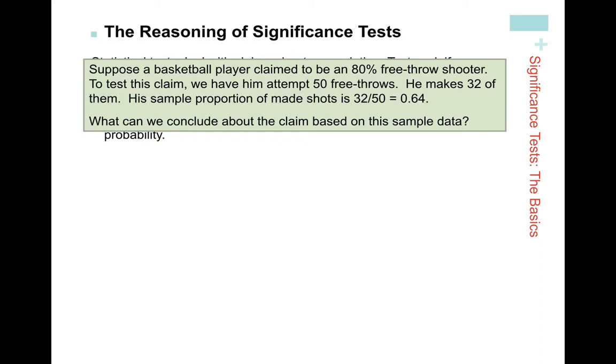So given that the null hypothesis is true, so given that this guy really is an 80% free throw shooter, what's the probability of getting a sample result this strange or stranger, meaning 0.64 or less, given that he really is an 80% free throw shooter? That is the big question of significance tests. Okay.